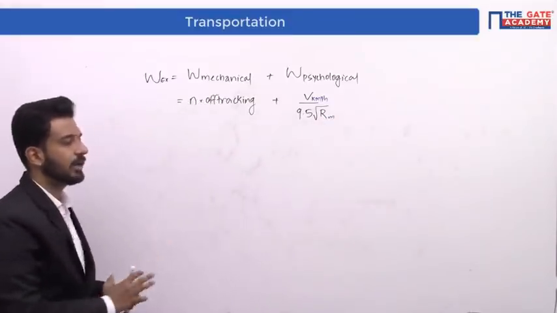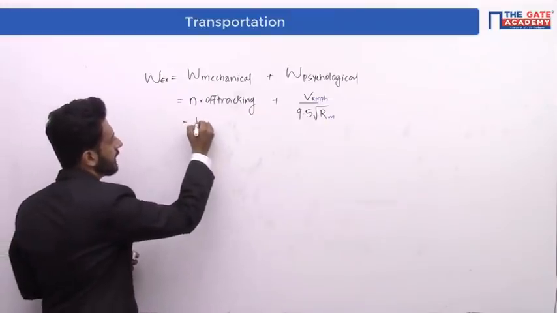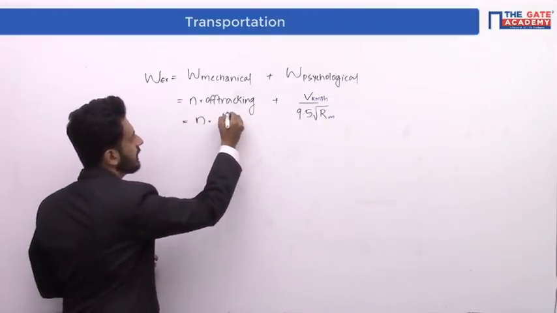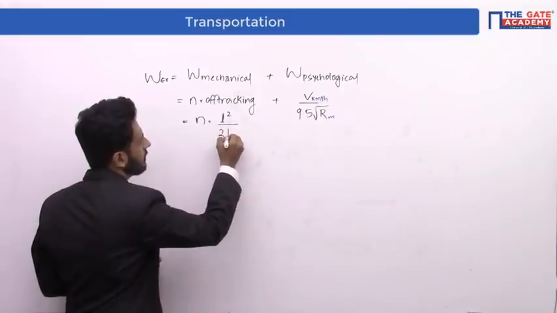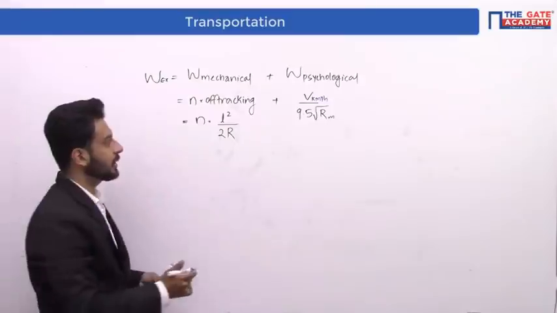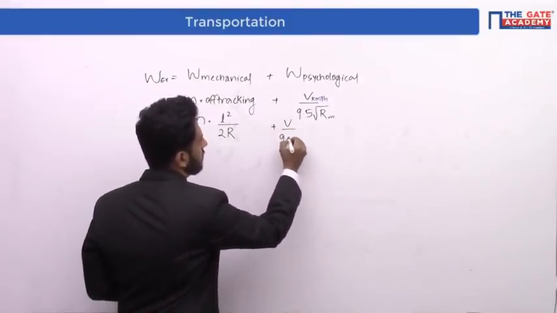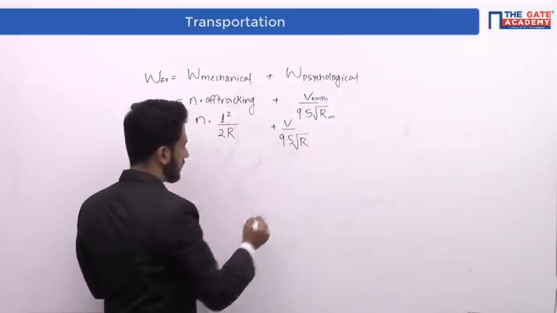Finally, you will get some value in meter. What is the off-tracking value? You should know it is L square by 2R, plus the same equation V by 9.5 root R.